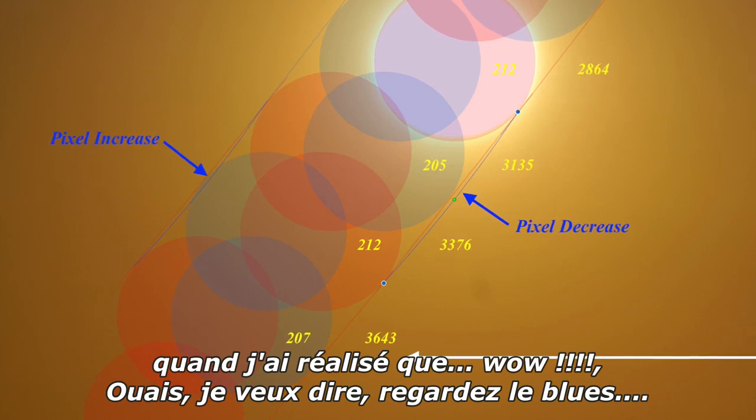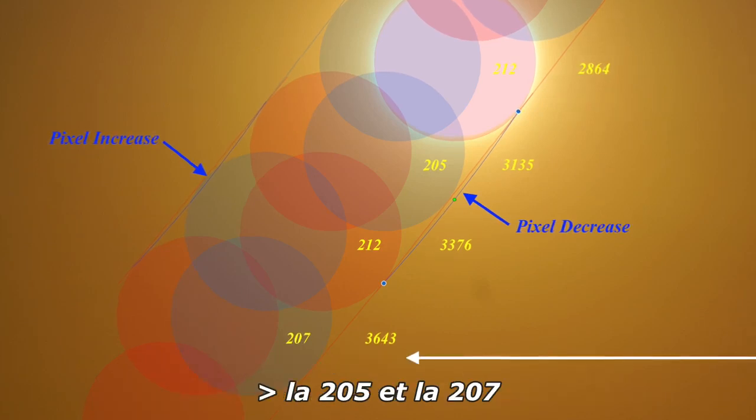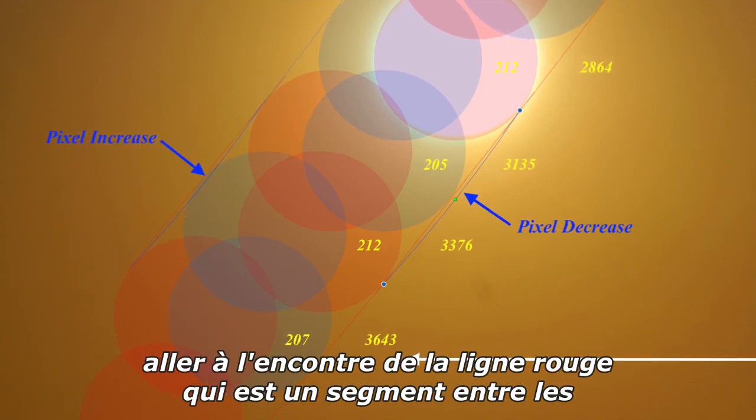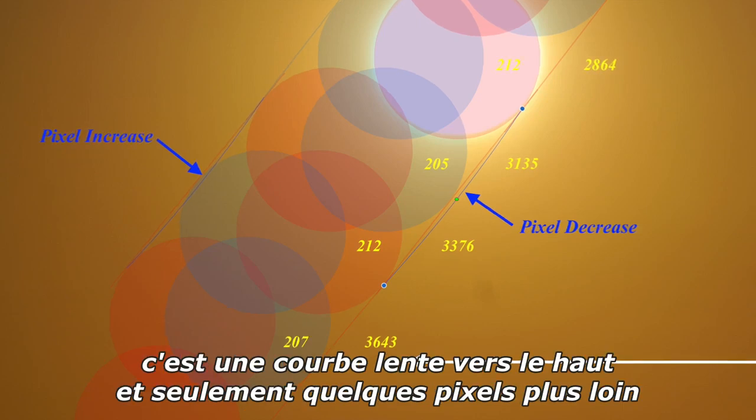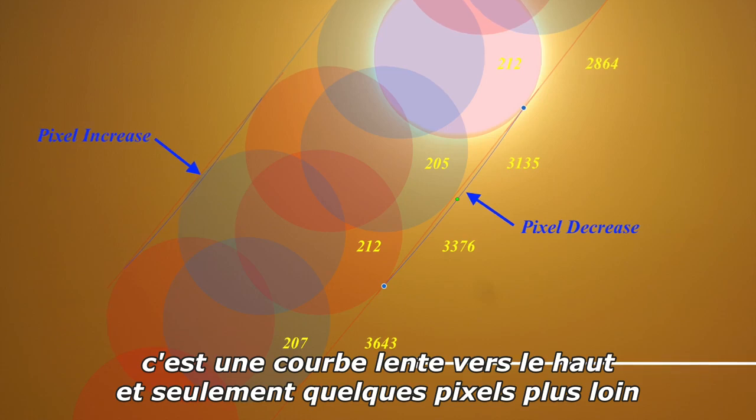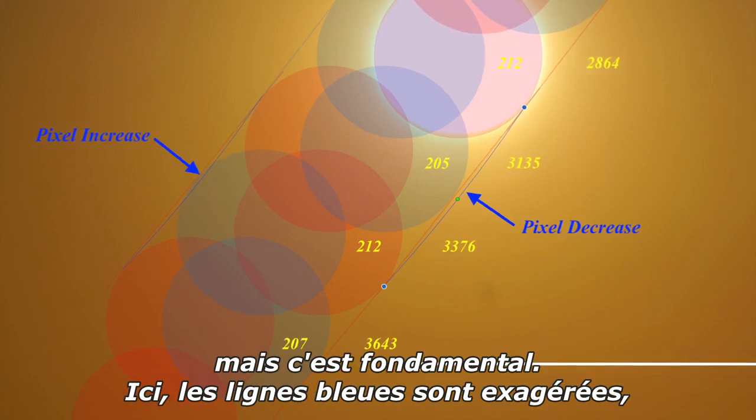I mean, look at the blue ones, the first and the third, right? 205, 207, 205. They go up against the red line, which is a segment between the adjacent. But as we saw, they kind of slowly curve, right? It's a slow curve upwards and just a few pixels off, but it's critical.